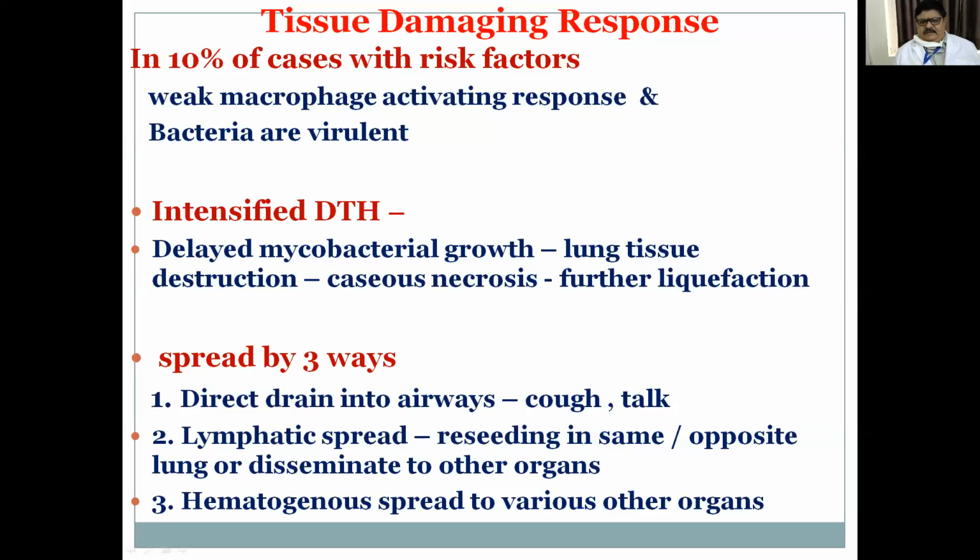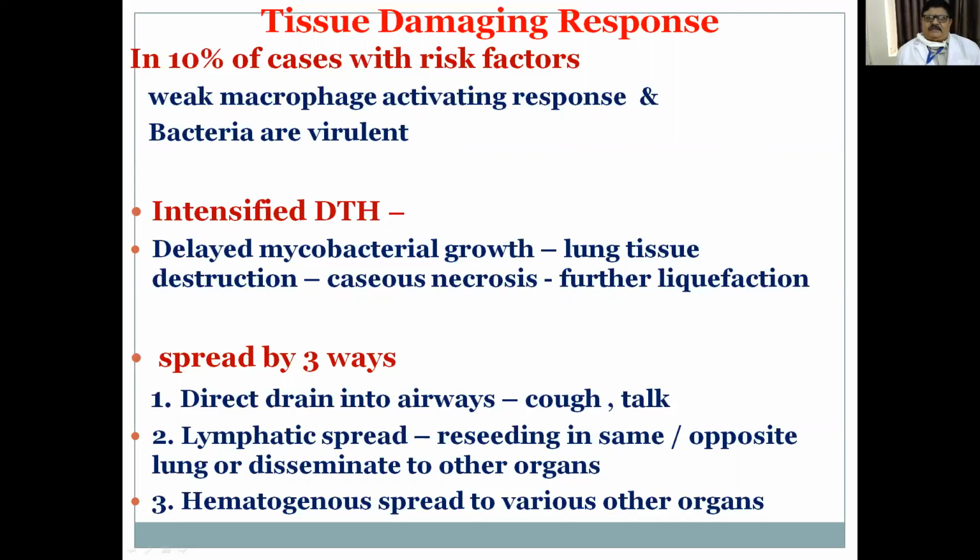Direct drain into airways. We told you Mycobacterium tuberculosis is mainly in the lungs, pulmonary tuberculosis. So they may directly drain into the airways, whether you cough or talk. Or lymphatic spread, seeding in the same or opposite lung, or disseminating to other organs.